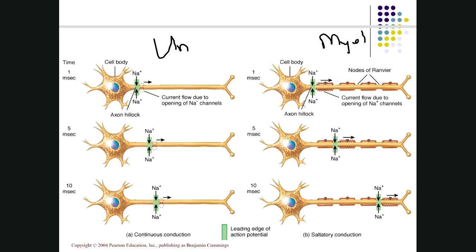But after 10 milliseconds, this has only made it this far on an unmyelinated neuron. There's a bunch of action potentials, like tiny little baby steps. But after 10 milliseconds, look, it's made it this far on the myelinated one because we only have this many action potentials. So much, much faster.